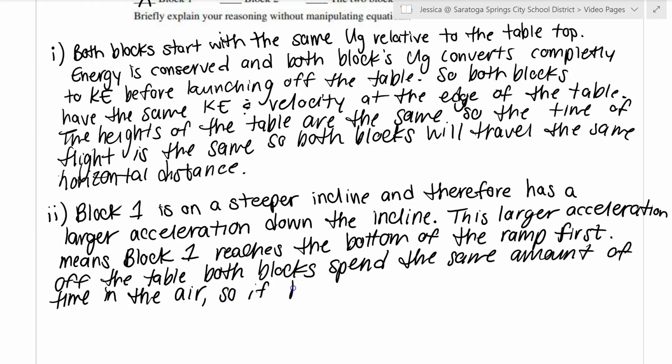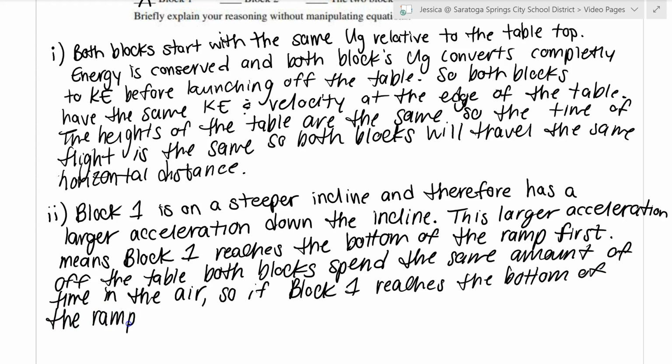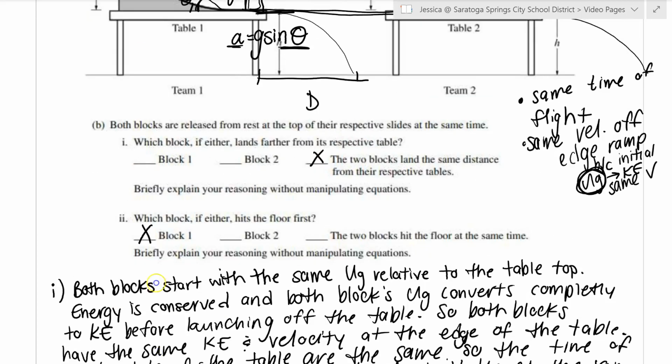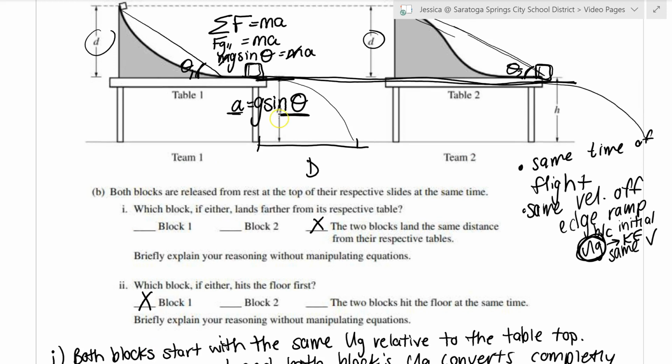So if block 1 reaches the bottom of the ramp first, it will also reach the ground first. So because both of these tables are at the same height, this H is the same. They're going to have the same time in flight off the table.